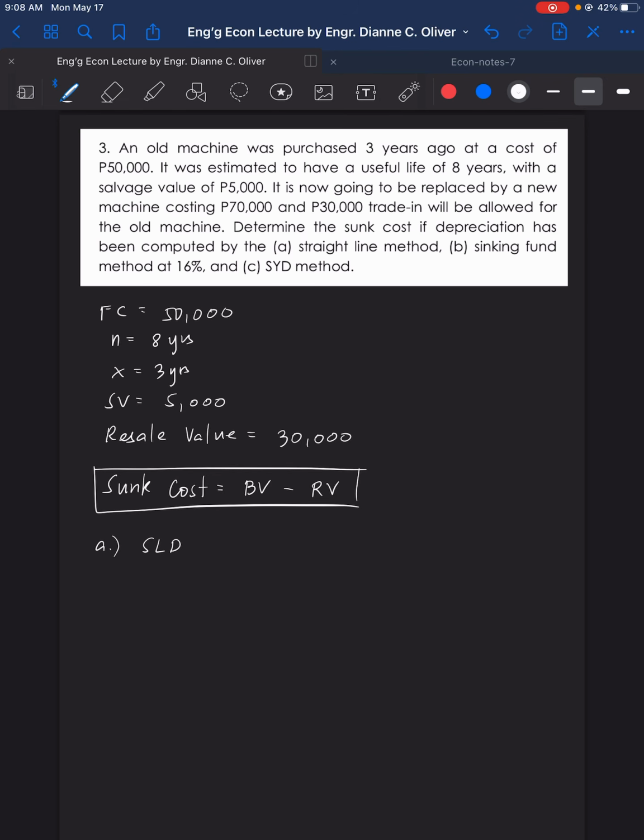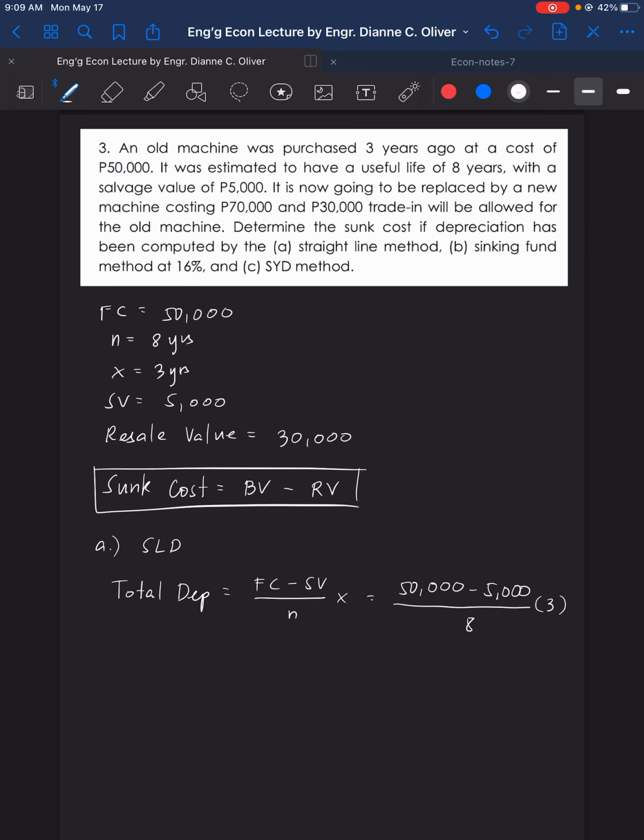Now because we will be solving for the book value, let's compute for the total depreciation. We have the first cost minus the salvage value divided by N times x. So that is equal to first cost of 50,000 minus the salvage value of 5,000 divided by number of years, 8, and then at the third year.